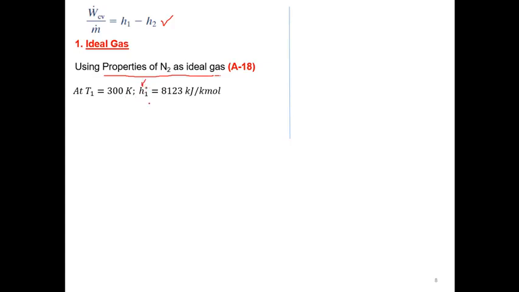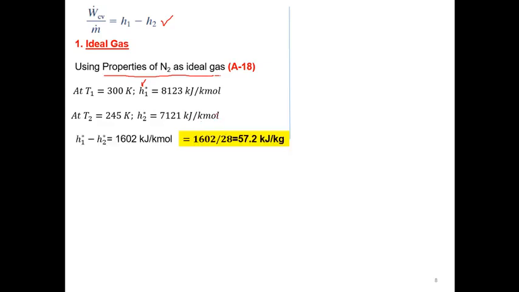At state 1, temperature is 300 Kelvin, so we can read the property. That star represents the properties as an ideal gas. So H1, similarly at state 2, at the outlet of the turbine, we know temperature is 245 Kelvin, so we can read the enthalpy H2 is equal to 7121 kilojoule per kilomole. Now the difference of the enthalpy using ideal gas behavior, H1 minus H2, is equal to 1602 kilojoule per kilomole.